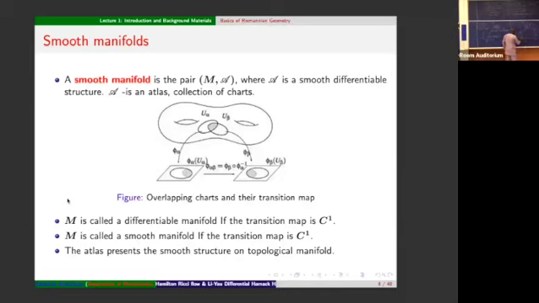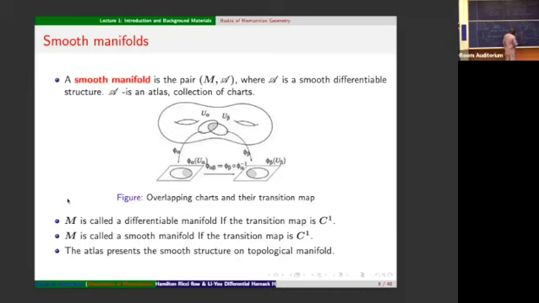This portion is phi x of Ux intersect Uy. This portion that I shaded here is phi y of Ux intersect Uy.